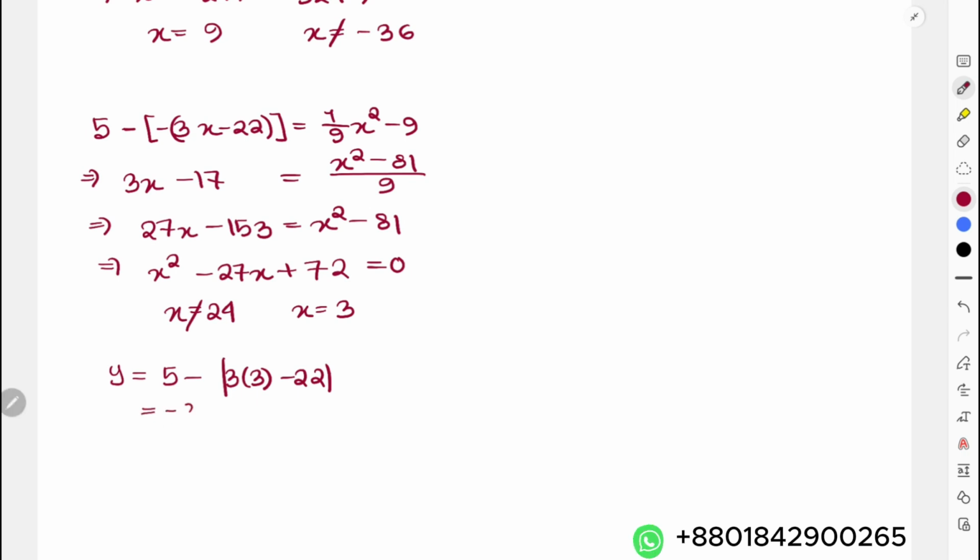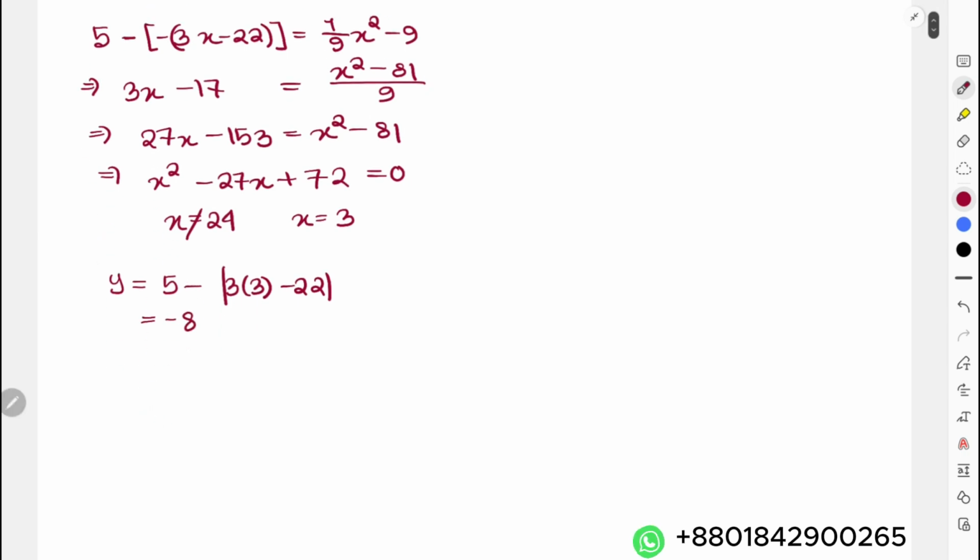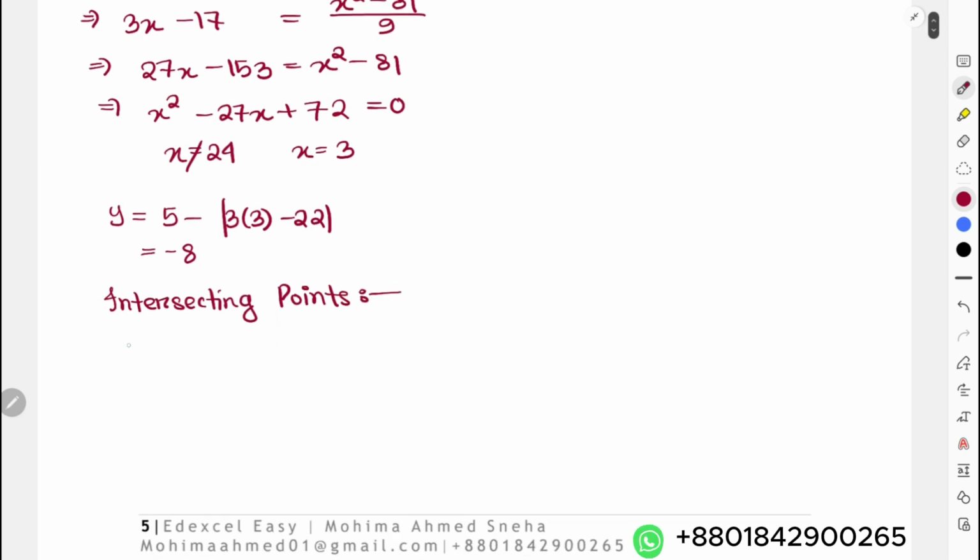So you get minus 8 here. Finally, the intersecting points: the first one was your 9 and 0, and the other one is your 3 and minus 8, right? So these are the solutions.